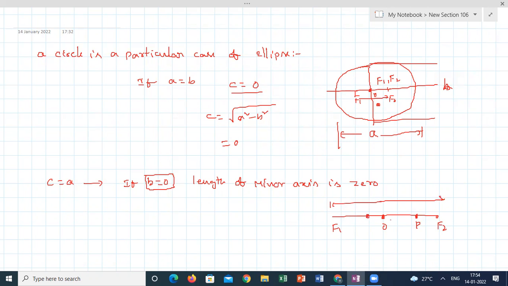If I take a point here also, PF1 plus PF2, QF1 plus QF2, OF1 plus OF2, it always remains 2A. So in this case, it is a straight line. Is it clear, students? Sir, it should be a line segment, right? It's a line segment, sorry, not a straight line.